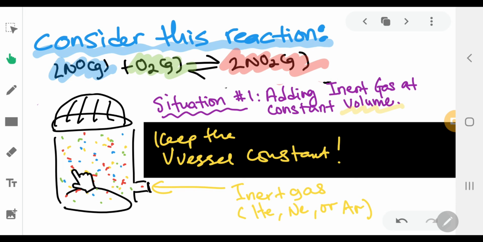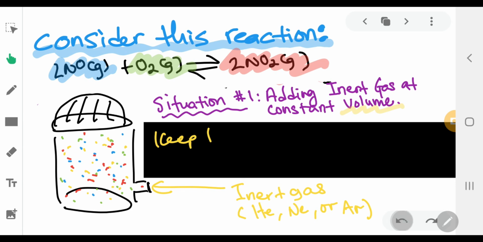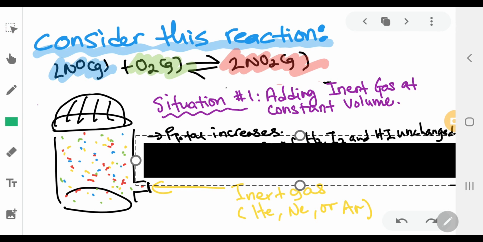Does the equilibrium shift or does it not shift? So to know that, we have to keep in mind that the P total will surely increase. Why? Because you keep on adding inert gas. So the inert gas will become more and more inside, making the P total increase.